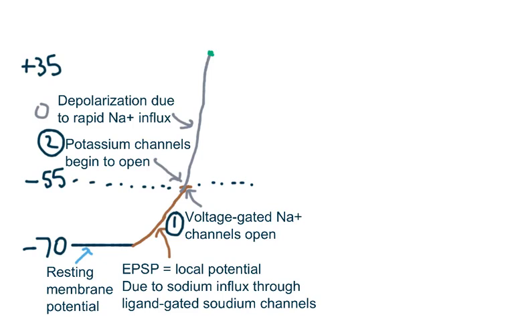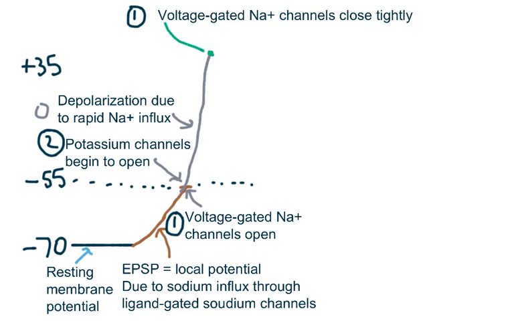Okay? The first of those items that happens is that those voltage-gated sodium channels close, and remember, I said that they close tightly. All right, so that's the first thing that happens. The voltage-gated sodium channels close tightly. Because they close tightly, there's no more sodium influx, and so this peaks at plus 35.